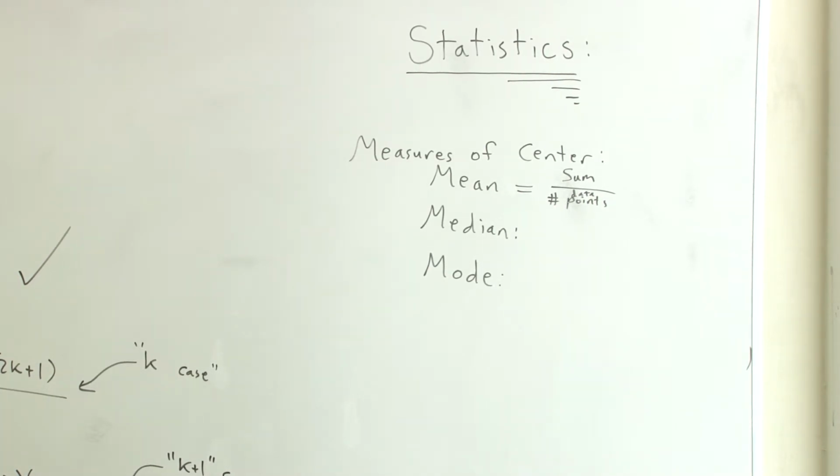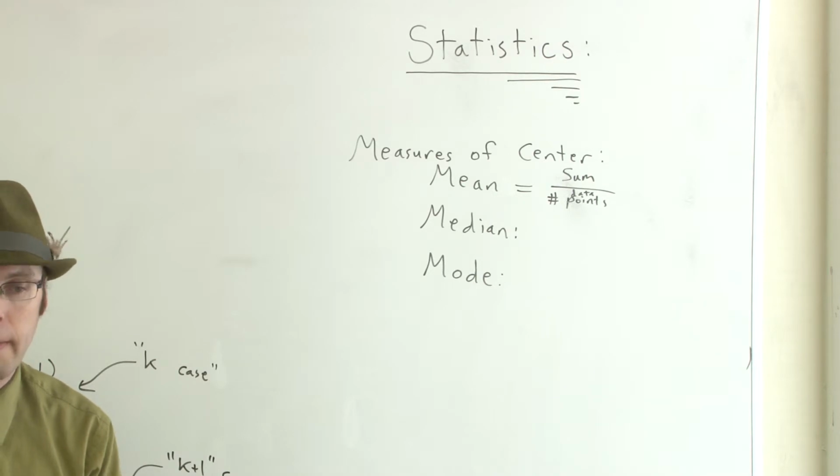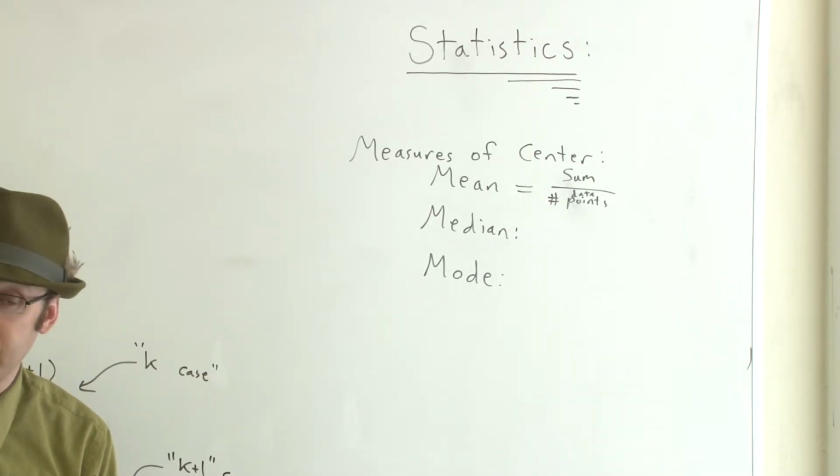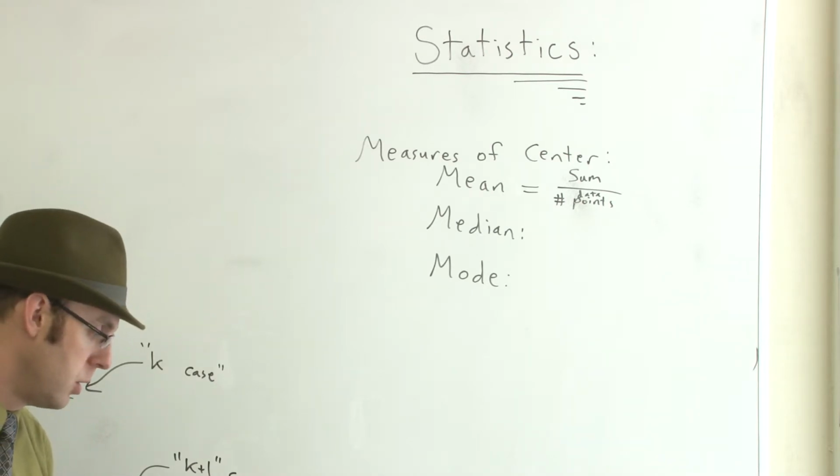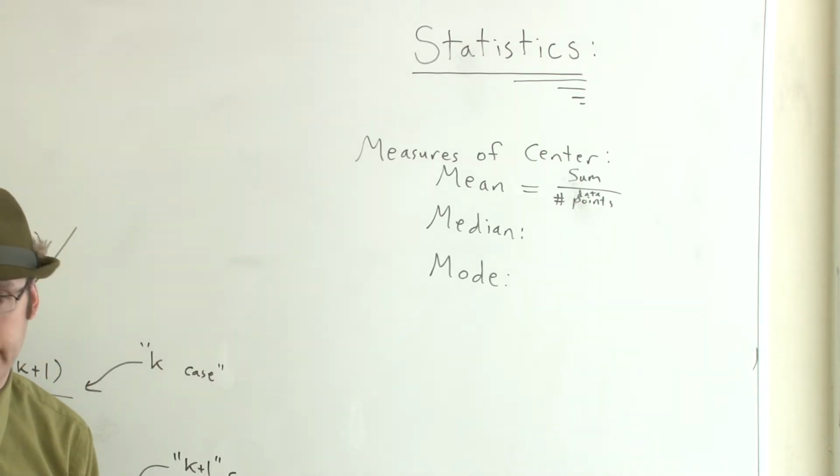And it's great, it gives you what we call the average, but it also kind of sucks because it is incredibly weak towards outliers.